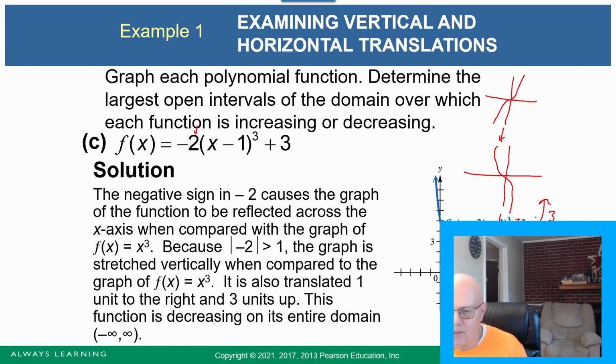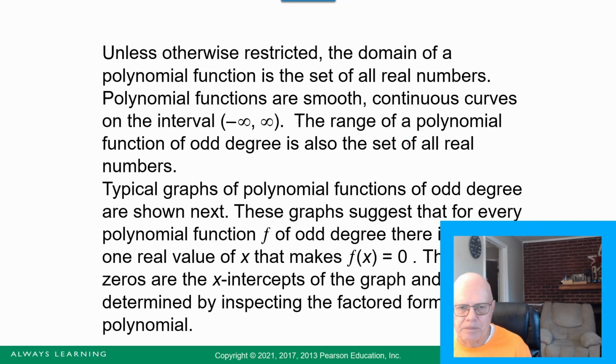There we go. That's a good one. Notice that's moved over 1 and it's moved up by 3. And notice also that it switched left to right, so it goes up on the left, down on the right, instead of vice versa.